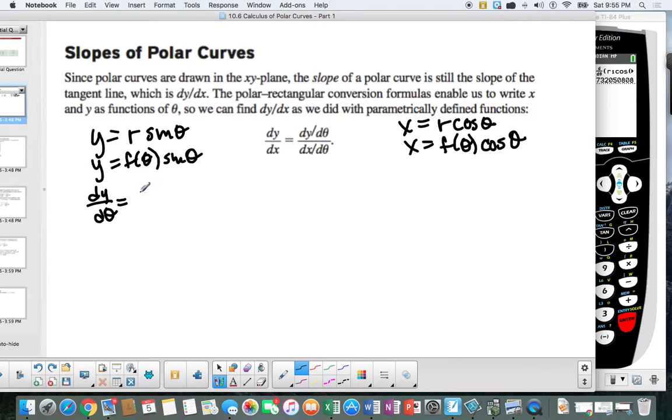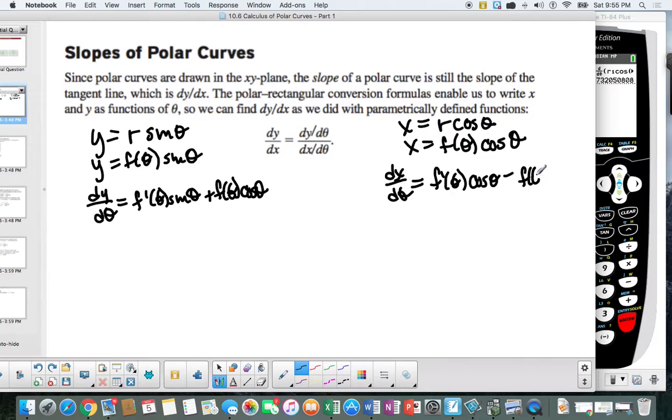And so that's going to be f prime of theta sine of theta plus f of theta cosine of theta. dx d theta will be equal to f prime of theta cosine theta minus f of theta sine of theta.